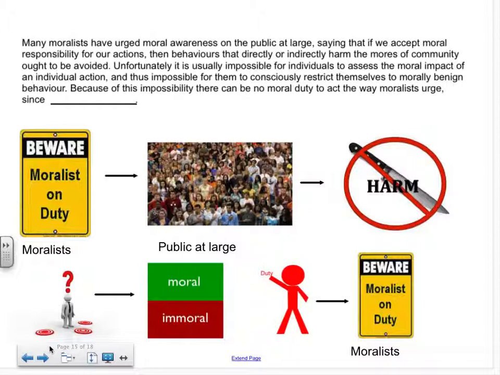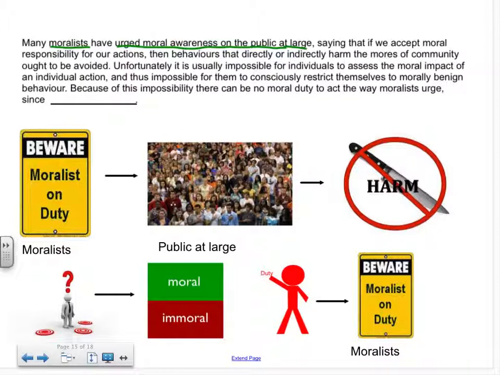So let's break it down as follows. The first part, many moralists have urged moral awareness. Let's highlight that in green. Let's pick out the key points. Moralists urge moral awareness on the public at large.